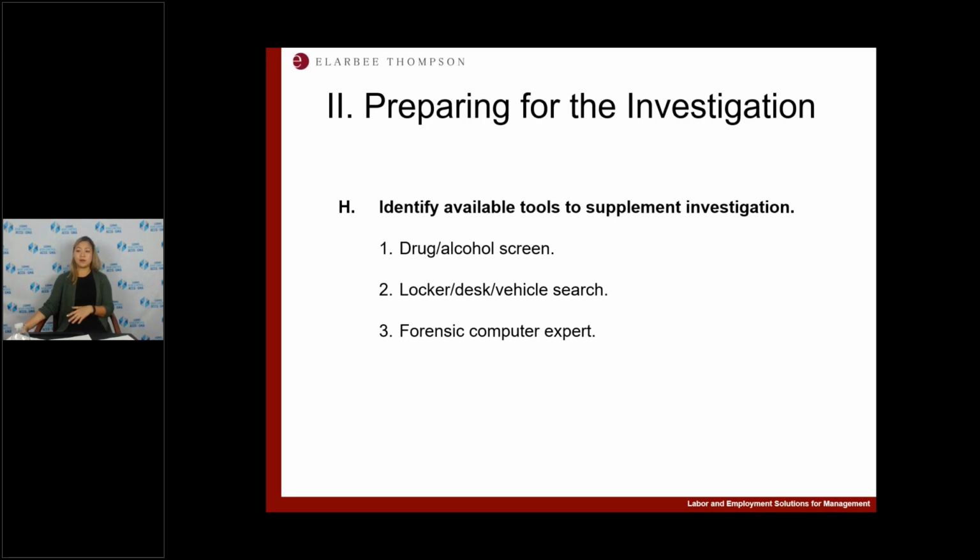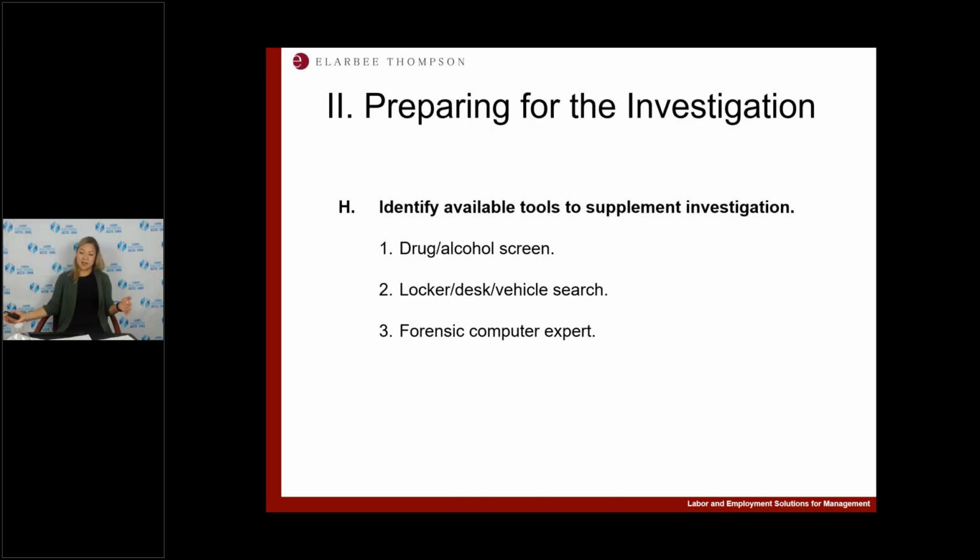For example, I've got vehicle search on here, but a search of an employer-owned vehicle is one thing. A search of a private employee's vehicle is very different. Obviously, if it's employer-owned, much less of a privacy concern versus employee-owned. And then forensic computer expert.